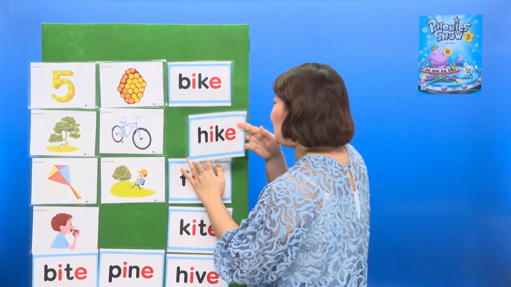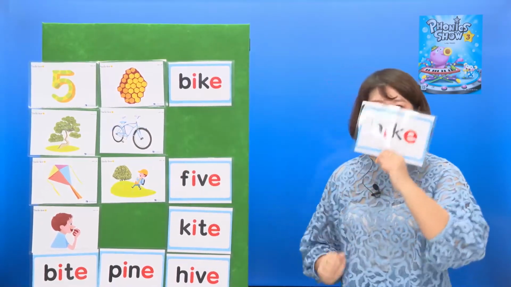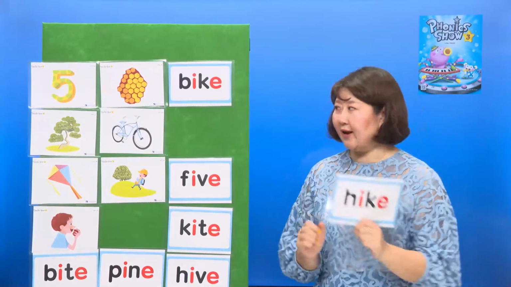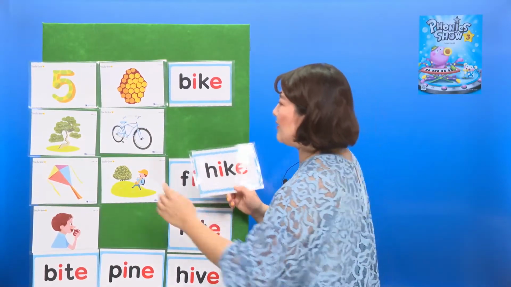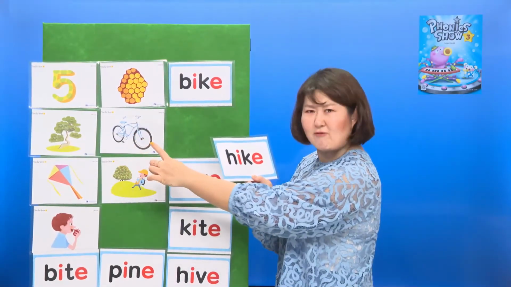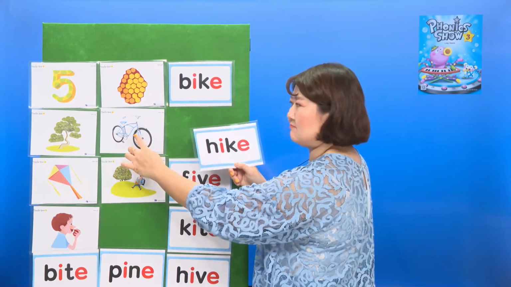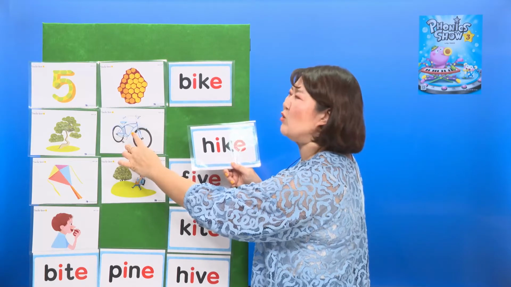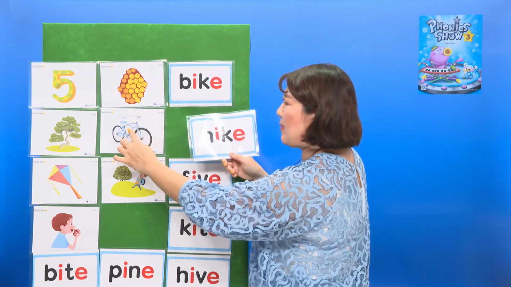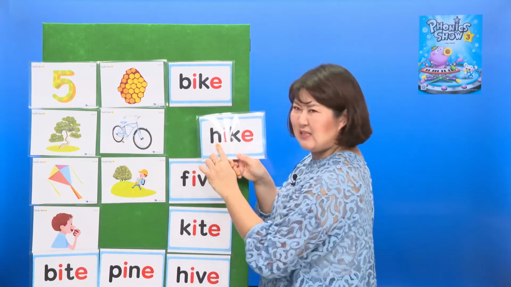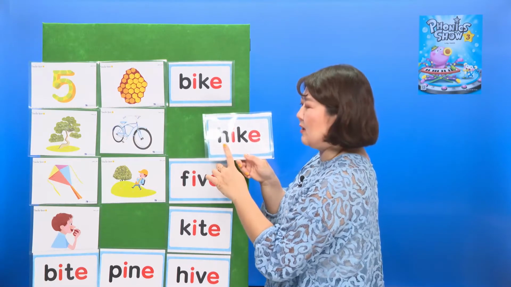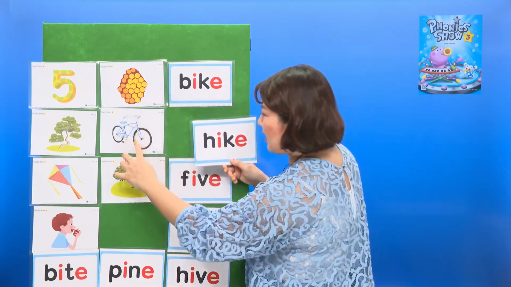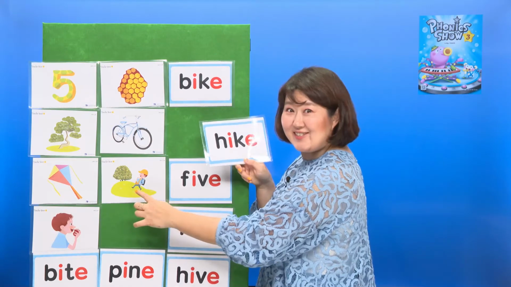Hike, right? Can we do the motions all together? Hike, right? Hike. I think this is hike. Is that right? Bike. It was similar, but bike. Is that right? No, that means I think this is the right match.